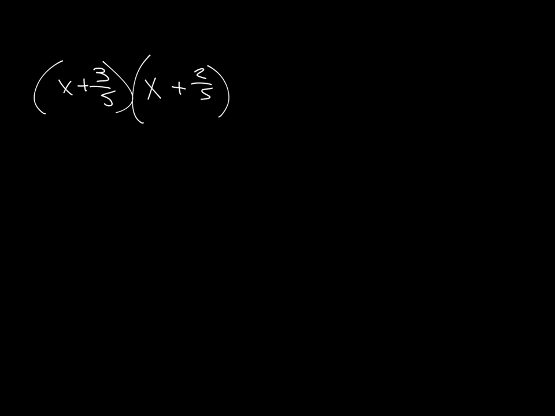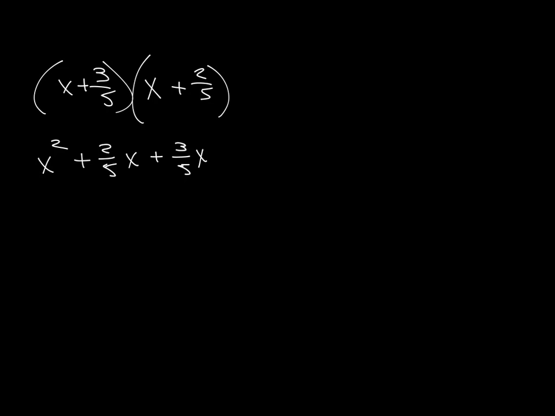FOIL says the first two terms are multiplied, and then it says the outside ones, this one and that one. Well, 2/5 times x is 2/5 x. You just stick them together because one's a number, one's a letter. Inside, 3/5 times x.